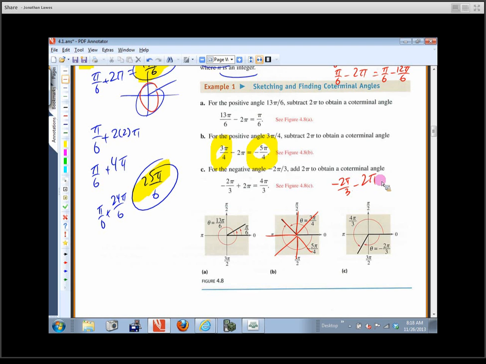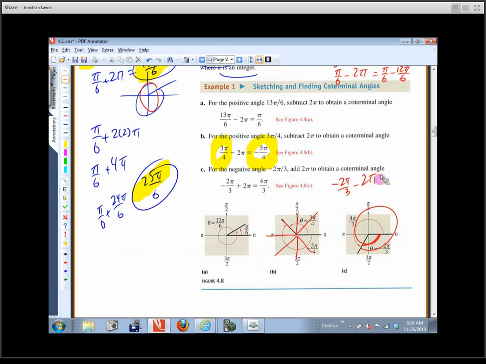What would that represent? Here's negative 2 pi/3 right here. What would this represent? Keep going around the circle in the negative direction again, right? So go all the way around again.